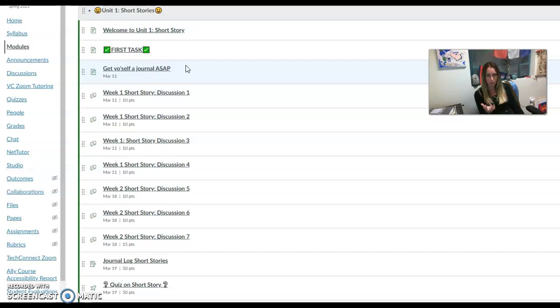So the terminology for short story would look like tone, symbolism, what is the setting of the story, who are the characters, what is the climax of the story, what is the resolution. Those are the kind of concepts you're going to familiarize yourself with and apply in your digital journal, and there's a breakdown of that down here, which we'll go over in a bit.